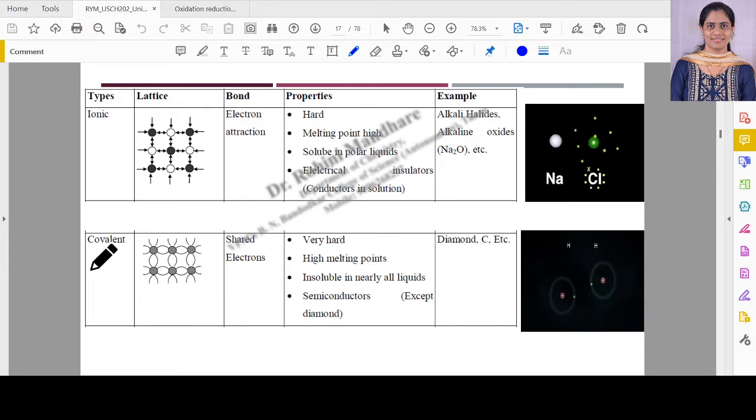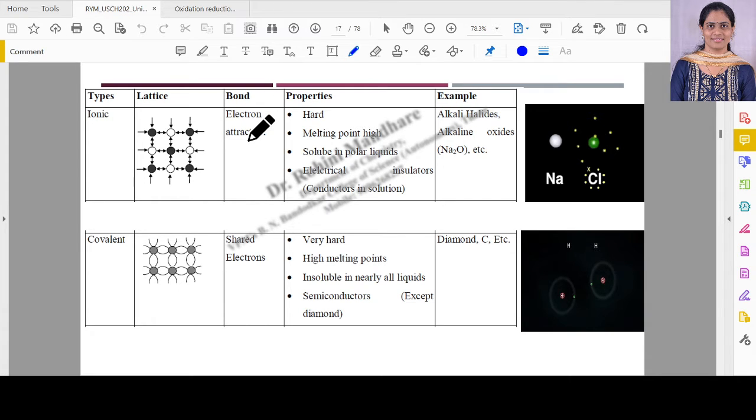In covalent compounds, now bonding is not via electrostatic force of attraction, it is via shared electrons. Okay, so covalent bond is formed by sharing of electrons. Now for ionic compounds, what we have seen is electrostatic attraction.